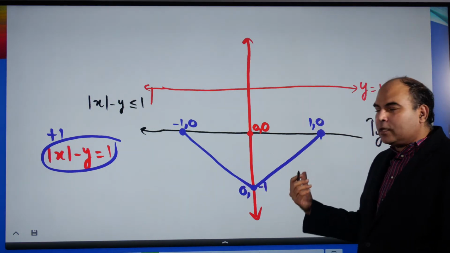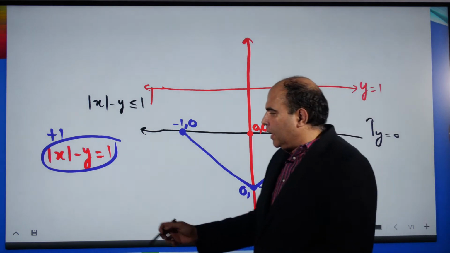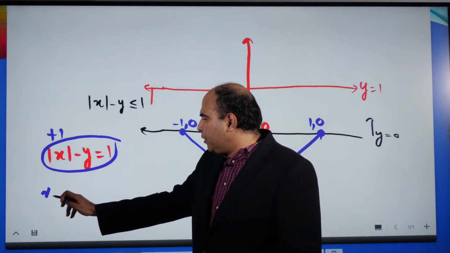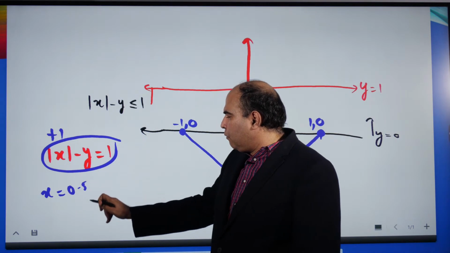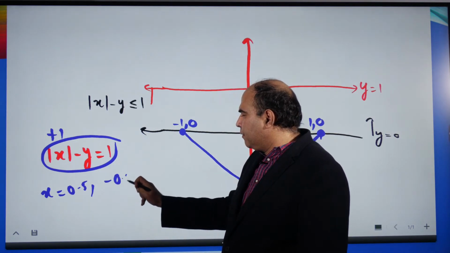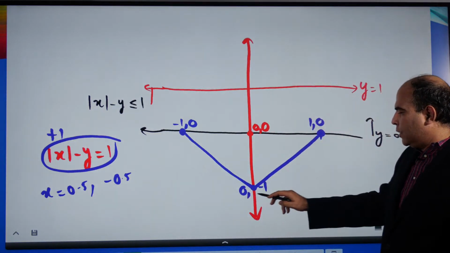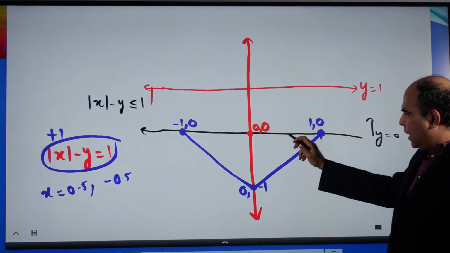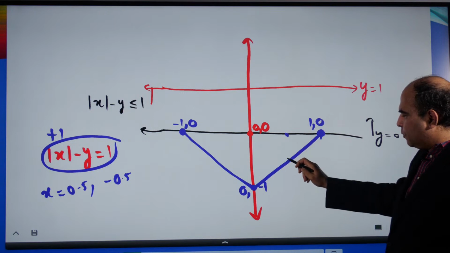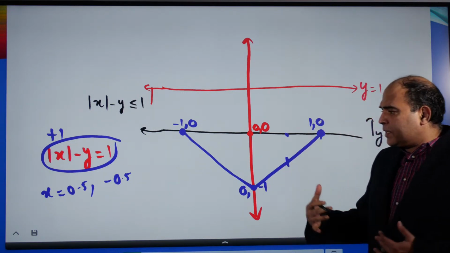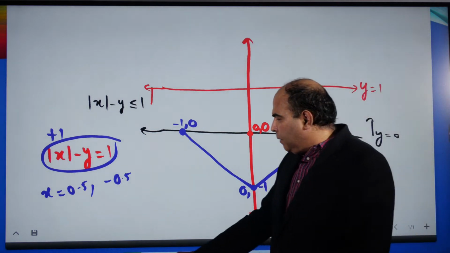You will see that y is minus 0.5 for that. If I take x here as 0.5, the value of y will come out as minus 0.5 for this to be equal to 1, and that confirms that at 0, minus 1 and 1, 0, at 0.5 it's minus 0.5, so it confirms that there's a straight line here. Does the straight line go ahead? So I can keep going.